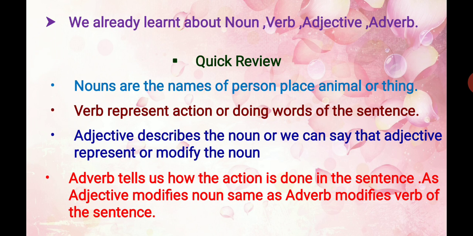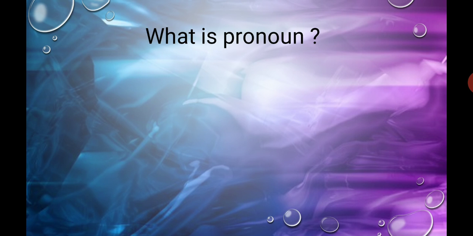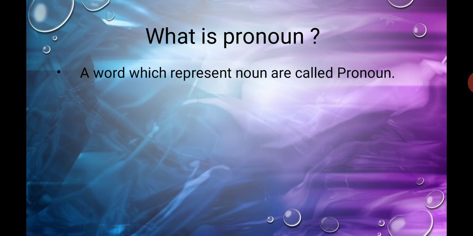Now we are going to our today's topic. Now you have a question, what is a pronoun? Basically you know about the pronoun and you already learnt it in your previous standard. So let's see what is a pronoun. A word which represents a noun is called a pronoun. It means the word which we use instead of a noun is called the pronoun.